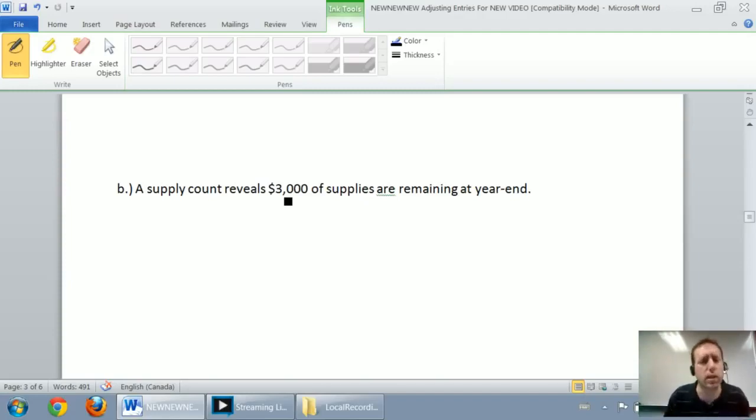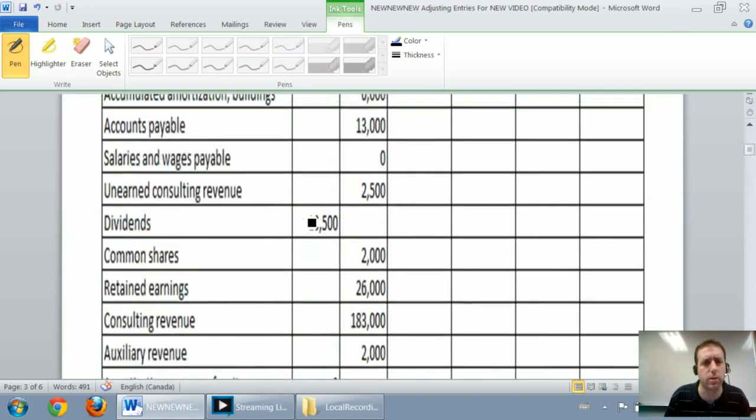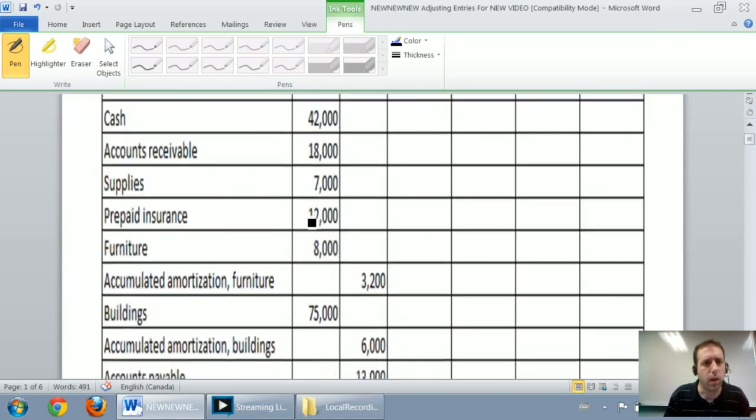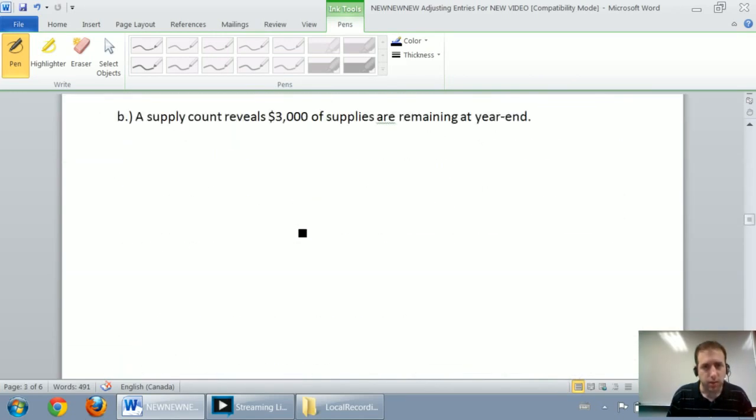How am I going to figure out how much in supplies we've used up? Well, I need to look at their trial balance. So we'll scroll all the way back up to the question, and I find supplies in the trial balance are $7,000. So according to our records, we have $7,000 in supplies. But we go out to the shelves and we physically count 3,000. So according to our records, we have 7,000.